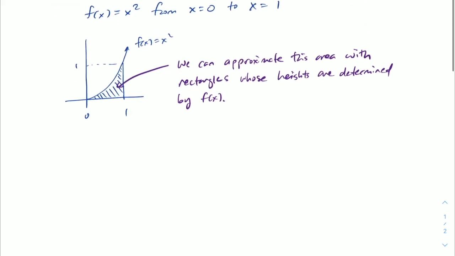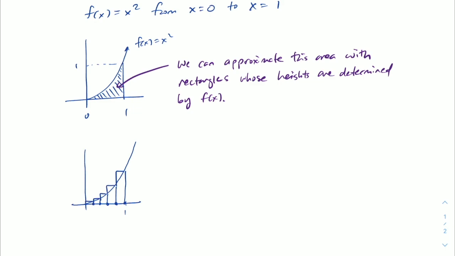Alright, so let me show you what I mean. We're going to redraw this picture with little rectangles from 0 to 1. I'm going to choose 5 rectangles, so I'm going to divide this interval into 5 little sub-intervals. Then I'm going to draw rectangles whose heights are determined by the function outputs at those 5 points.